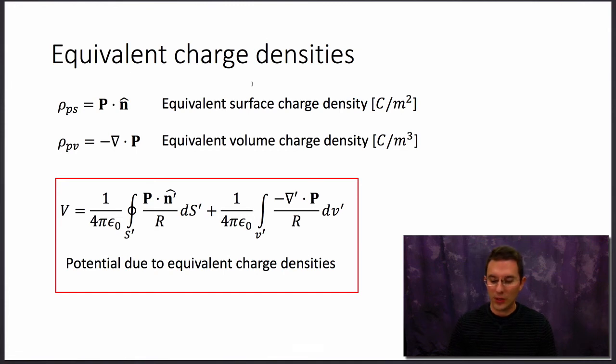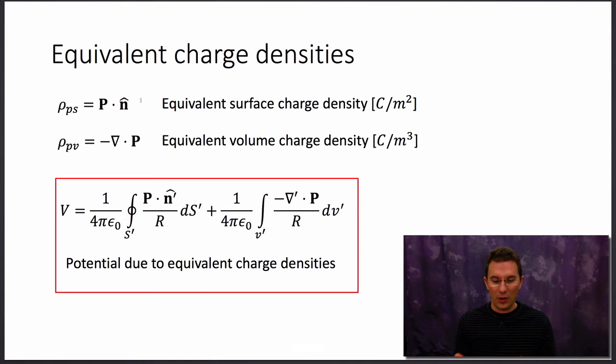You're creating some equivalent charges, okay? There are two different kinds of equivalent charges that you can make. You can create an equivalent polarization surface charge, rho sub ps, and that is simply equal to the polarization vector dotted with a normal to whatever surface we're talking about.